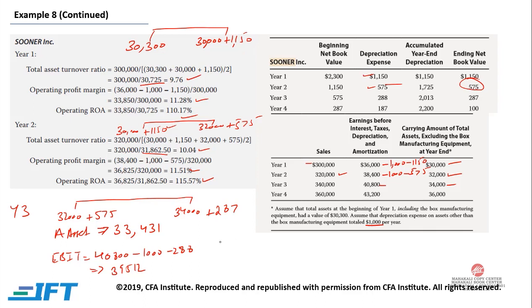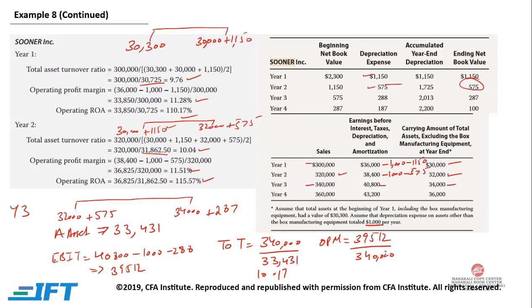So for your first ratio, total asset turnover, it would be revenue, that is 340,000, divided by average asset, that is your 33,431, and we get 10.17 for your total asset turnover. For your operating profit margin, that is your EBIT 39,512 divided by revenue, that is 340,000.